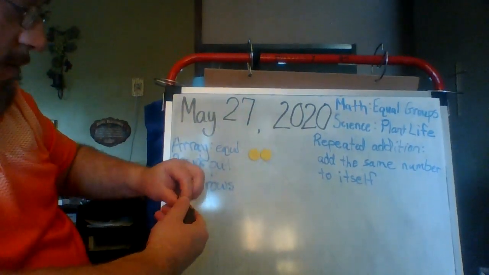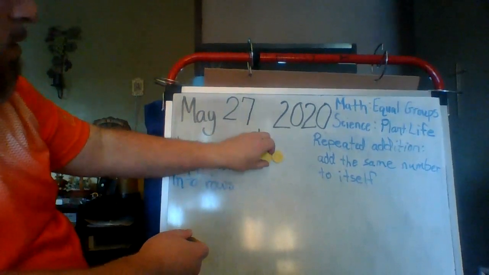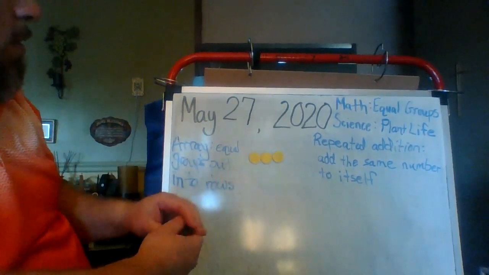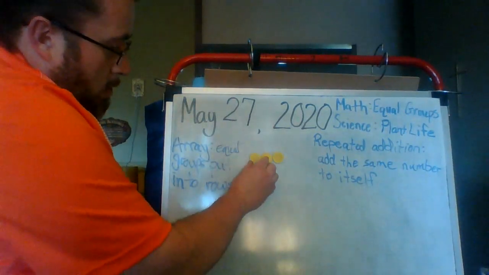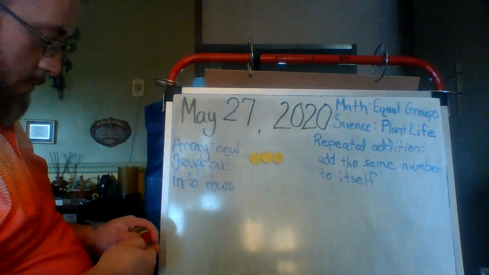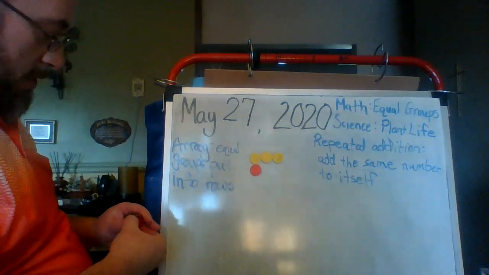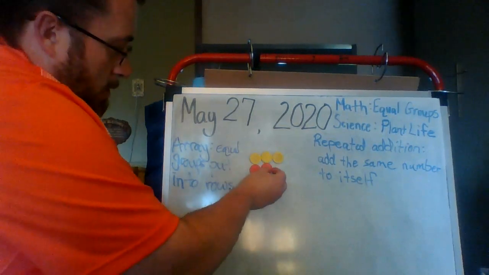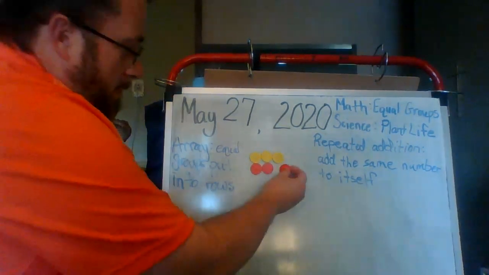So if I have three yellow counters in the first row, if I'm going to make this an array, I need to make sure the next row also has three. And this time I'm going to use red.